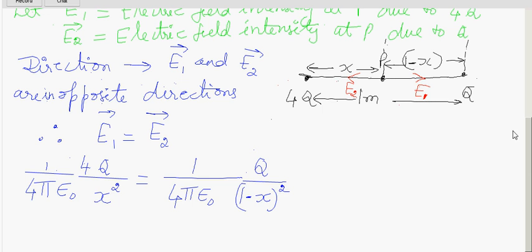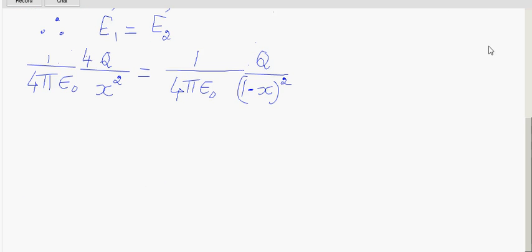Now calculate x. Strike out the common terms. We will get 4 by x square equal to 1 divided by (1 minus x) whole square.